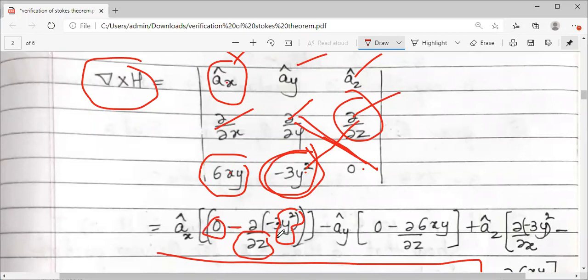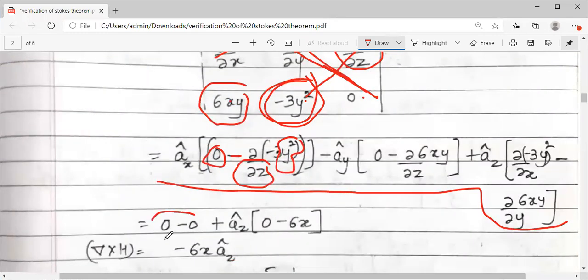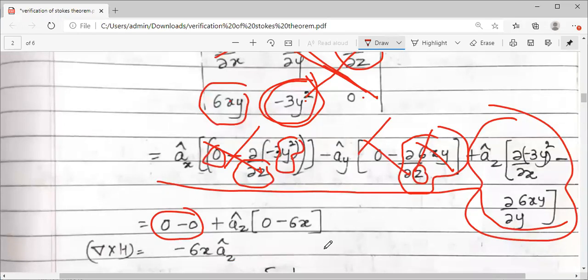So with respect to z, y is taken as constant. Hence, this will also become 0 further. Okay, it is 0 I have considered. And even for Ay also in the similar line, 6xy with respect to z, again, this will be eliminated. So both Ax and Ay terms will not be there. Only the Az term will remain.